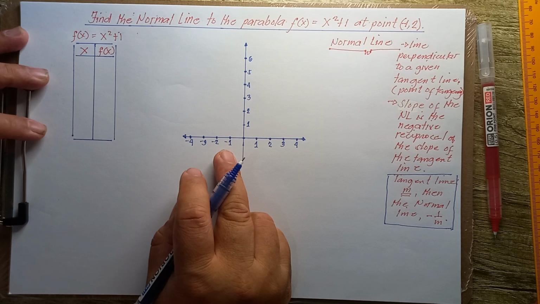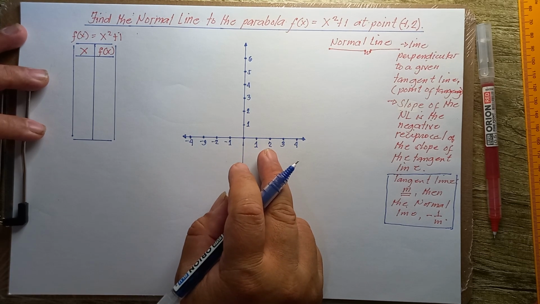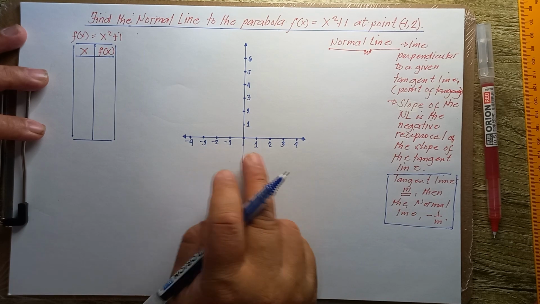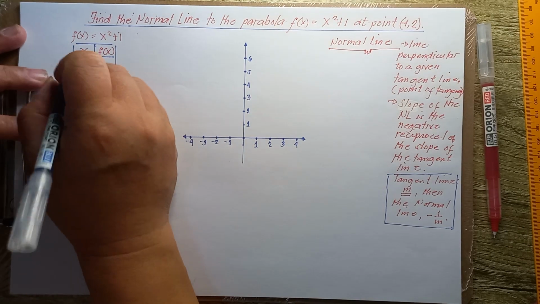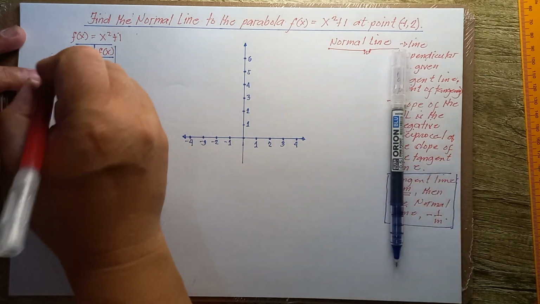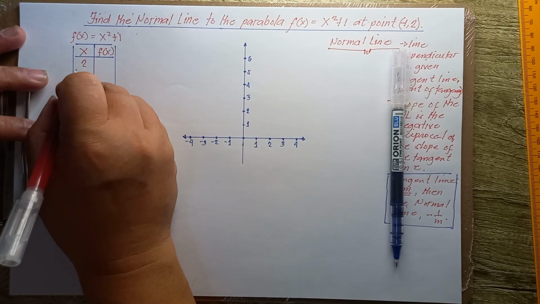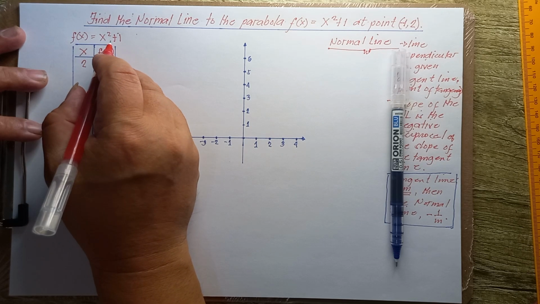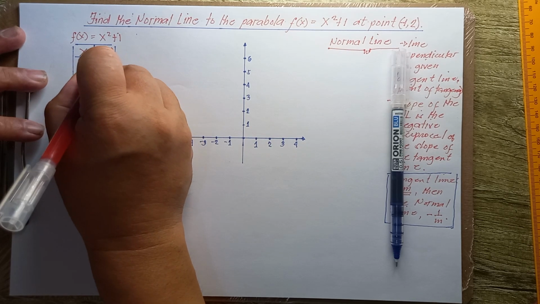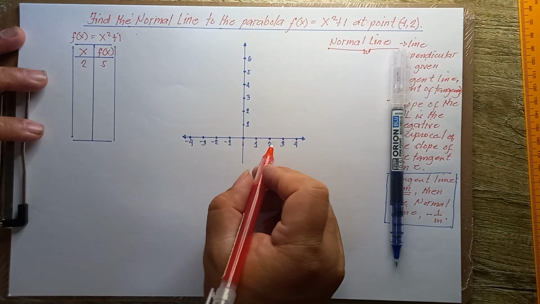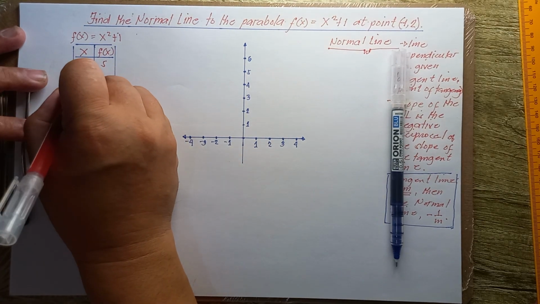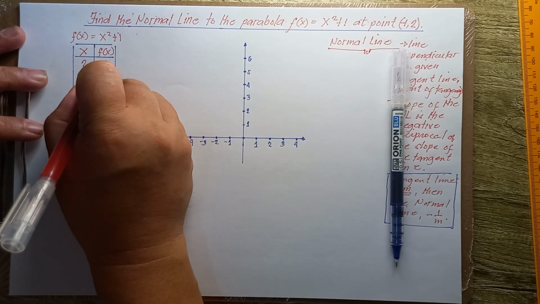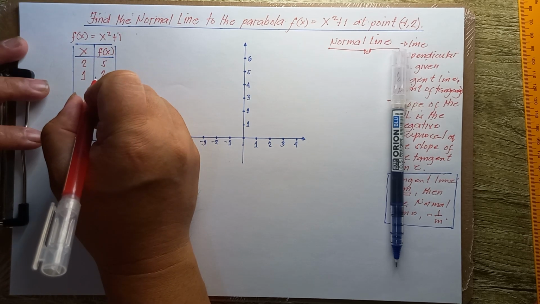Considering my values of x, can I make use of all real numbers from positive to negative? I will make use of 2. If my x is 2, then 2 raised to 2 is 4, plus 1 is 5. If my x is 1, then 1 raised to 2 plus 1 is 2.